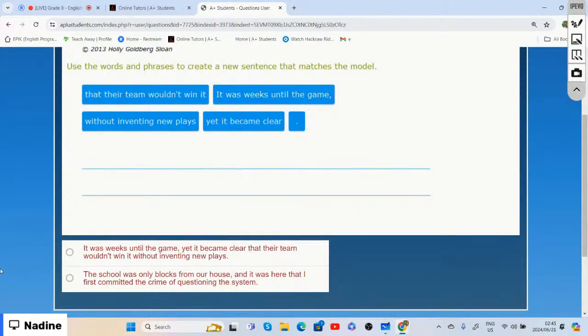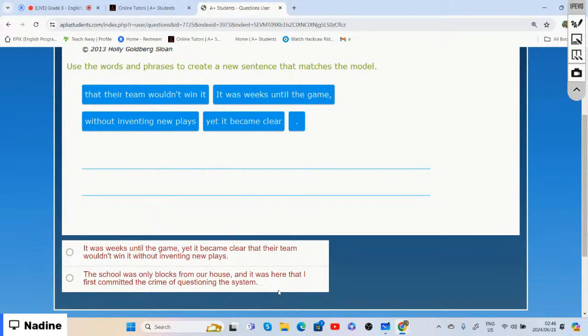Option one says it was weeks until the game, yet it became clear that the team wouldn't win it without inventing new plays. Or the school was only blocks from our house, and it was here that I first committed the crime of questioning the system. Which one is our correct answer when it comes to creating a sentence?